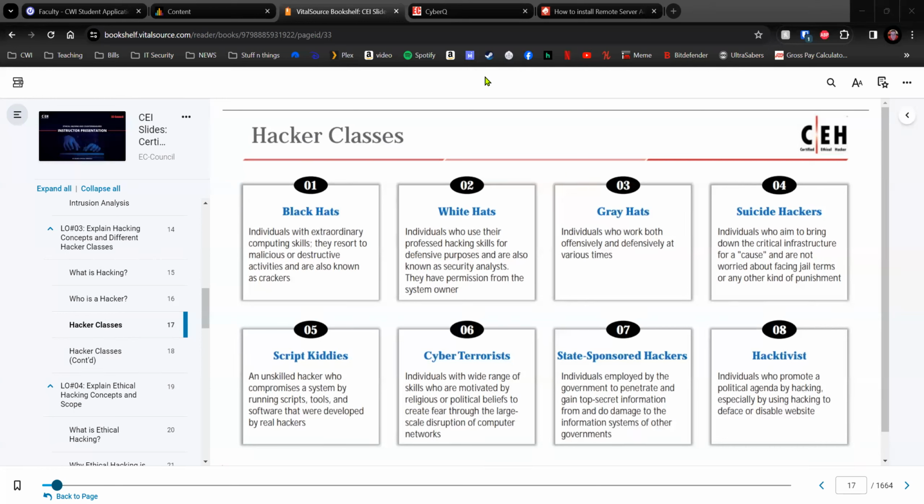A lot of the times hacktivists will do stuff and their group might take responsibility, but they are attempting to avoid punishment individually. Whereas a suicide hacker is kind of like a suicide bomber. That's why they call them that. They will go out and put their name all over everything, and they don't care if they end up in jail. Fanatics versus criminals. Exactly.